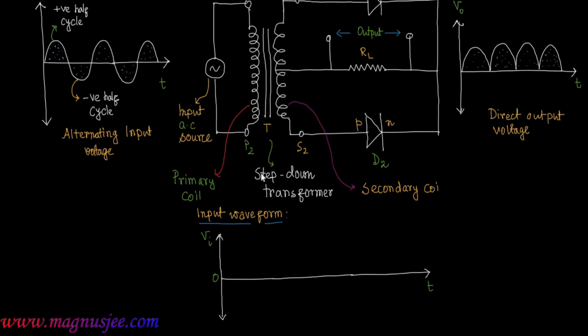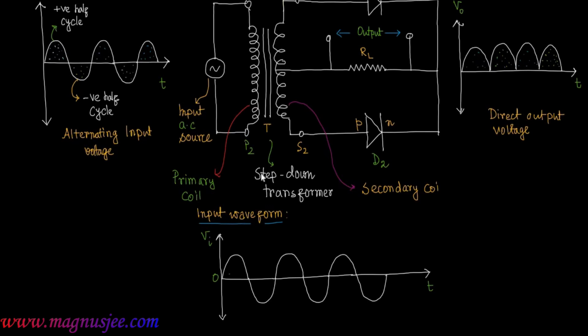And in this case, voltage changes in this way. It remains positive during that time, then it becomes negative again. Then positive, then negative, and we get positive half cycle, then negative half cycle.